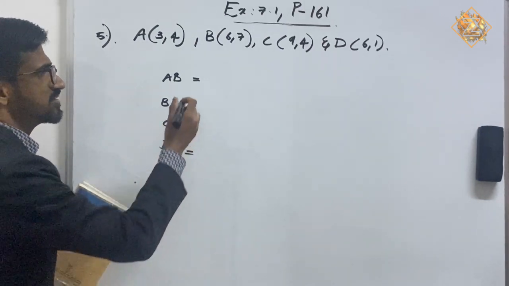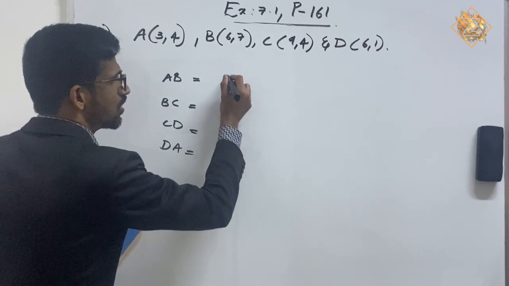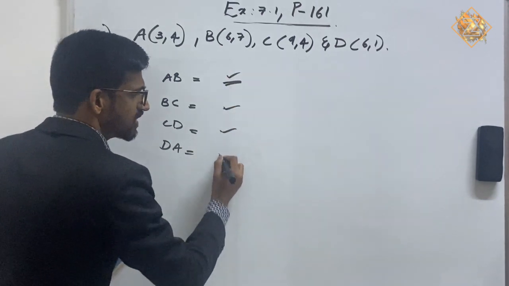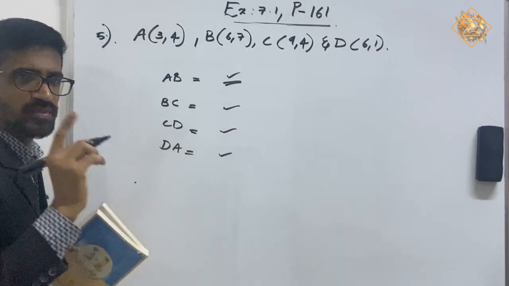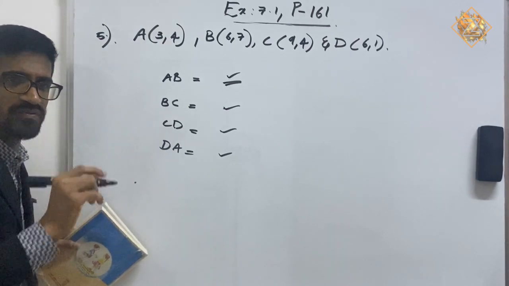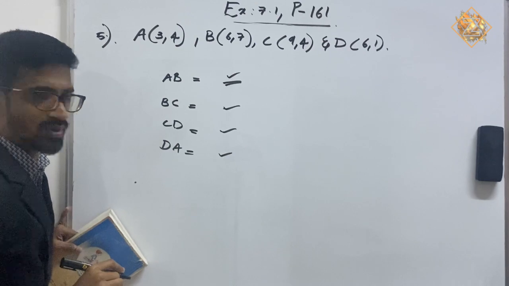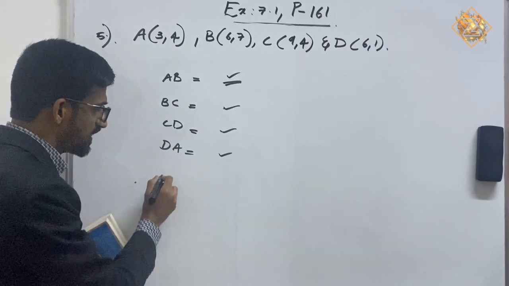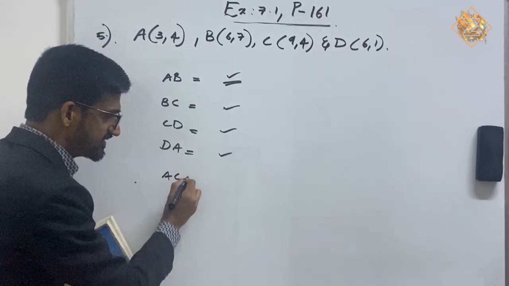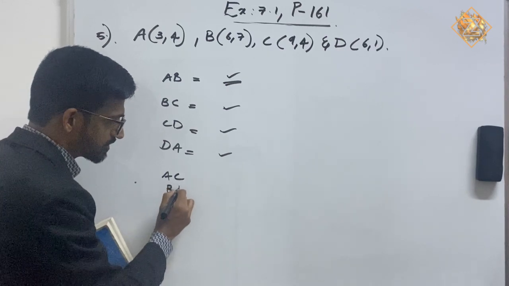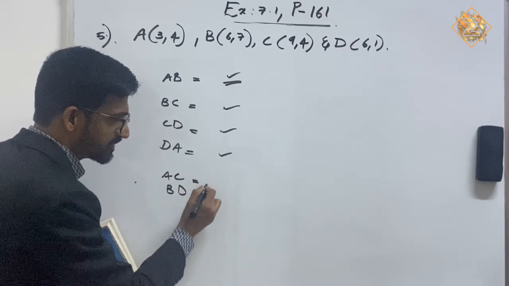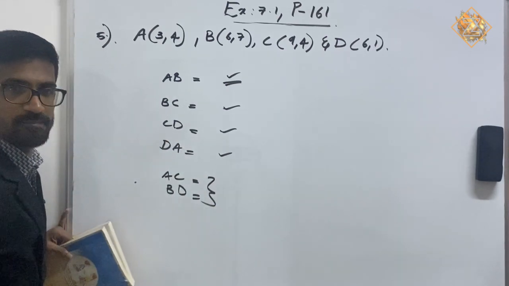Now, once we get all the sides equal, can we say that it's a square? No, we also have to show that the lengths of the diagonals are equal. For that, in ABCD we have to find AC and BD. Length of AC and BD also must be equal.